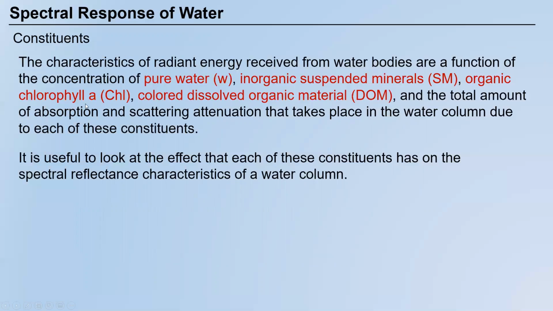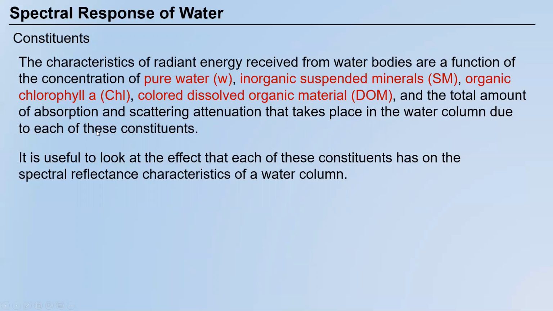Organic chlorophyll A, because there is also vegetation in water, and also there is something called colored dissolved organic material. We call it DOM, or sometimes CDOM because it's colored, and its color specifically is actually yellow. So sometimes we call it yellow matter, or DOM, or CDOM. They are the same thing.